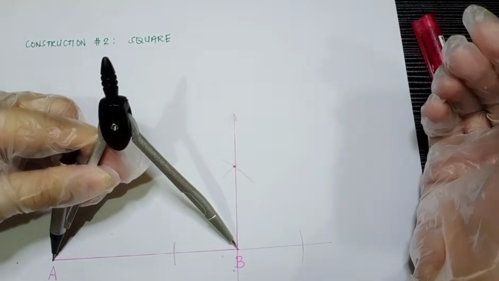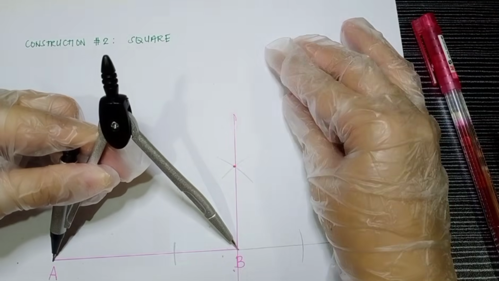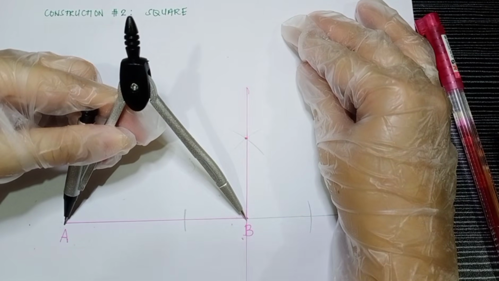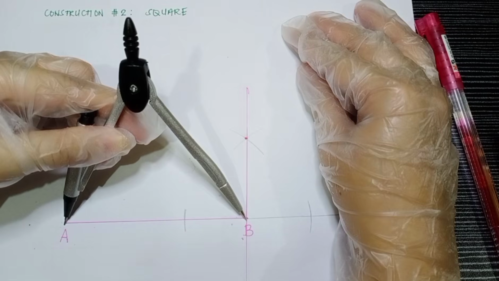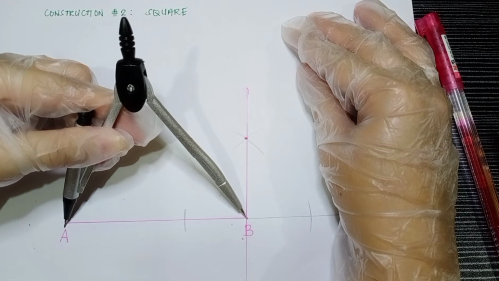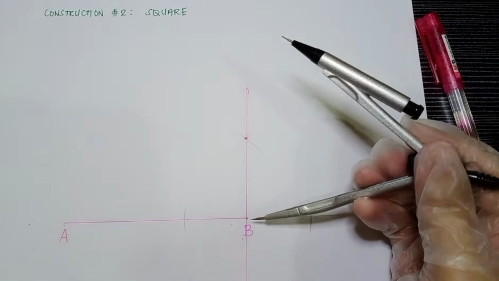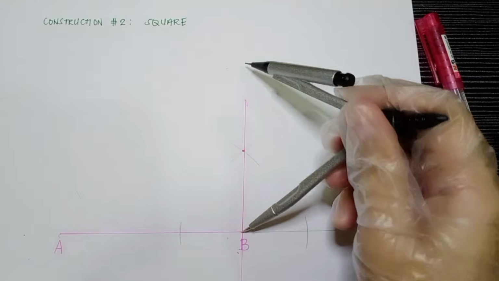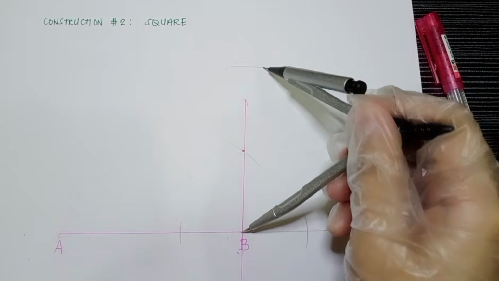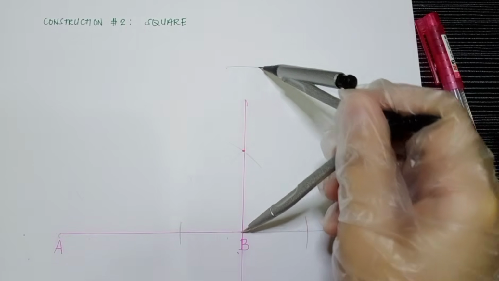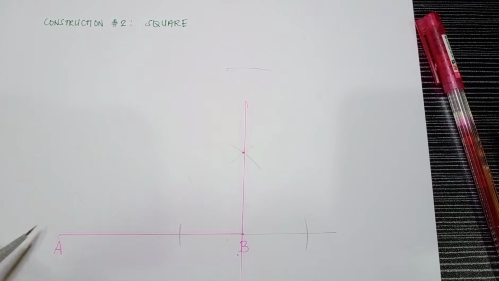So, ayan po yung radius niya. Ngayon, bakit natin kailangan sukatin ang radius? Ito po yung gagamitin natin sa paggawa po ng arc sa taas ng A at ng B natin. So, itong radius na to ang gagamitin natin para gumawa ng arc dito sa taas ng B. Okay? At sa taas ng A.